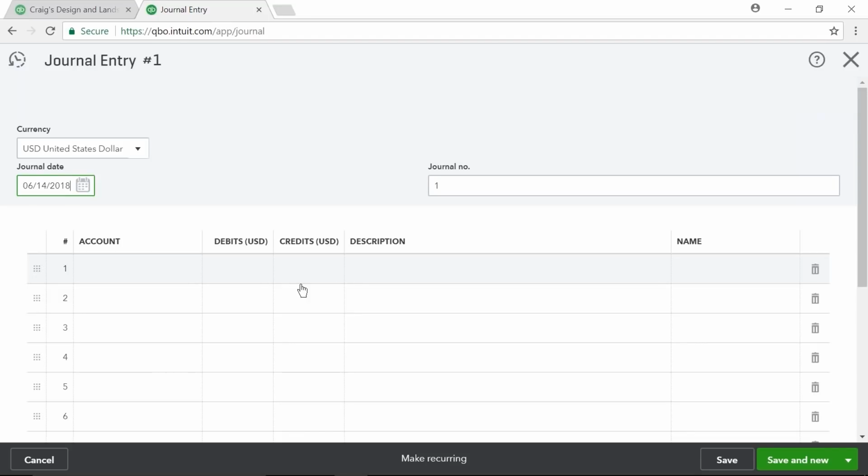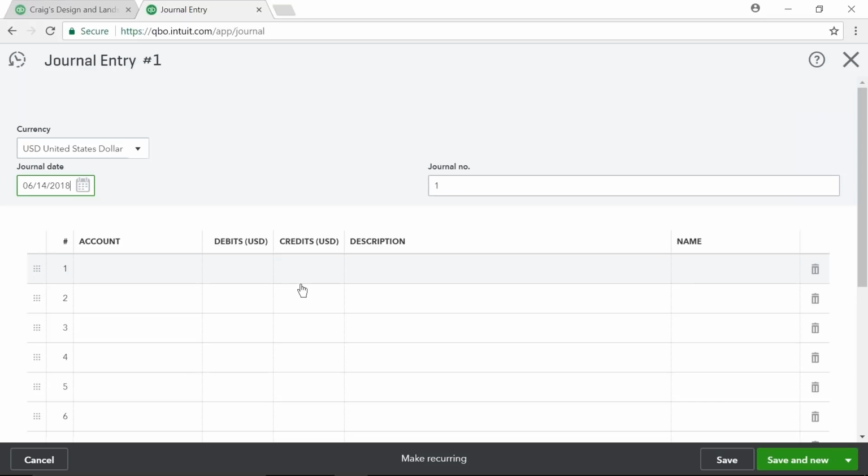Now, I'm going to give you a hypothetical situation in which we're going to depreciate our truck asset. QuickBooks Online is not going to calculate your depreciation for you. There are spreadsheets and depreciation calculators out there that'll help you do this, but there are multiple ways of calculating depreciation, and QuickBooks Online cannot do it automatically.